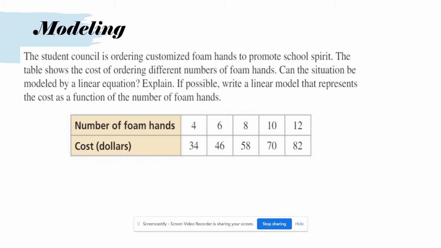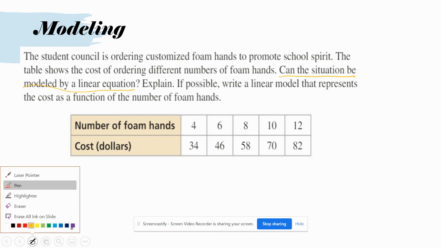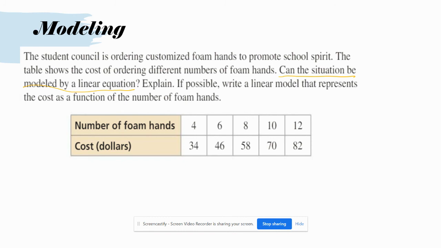Now for our modeling. We have a list of ordered pairs here. It's asking us to find out, can the situation be modeled by a linear equation? So this is going way back to chapter 3. And in order to find out, we check the rate of change. Remember, the rate of change is how the numbers are changing as we move along the table.